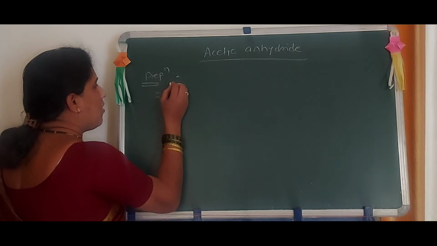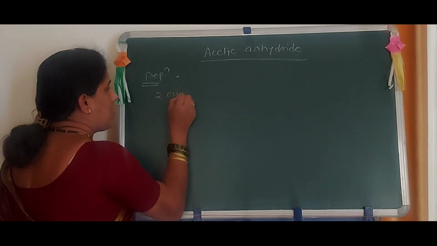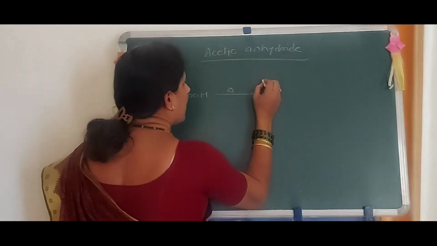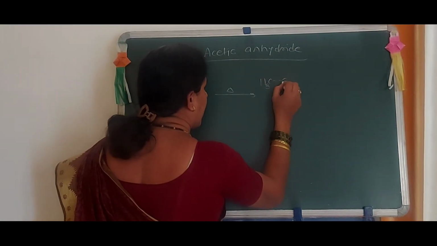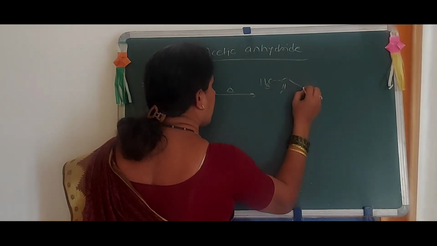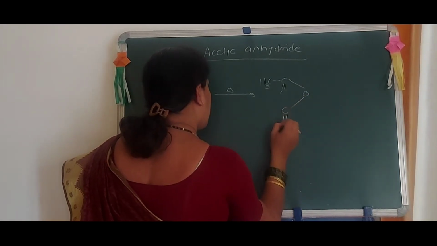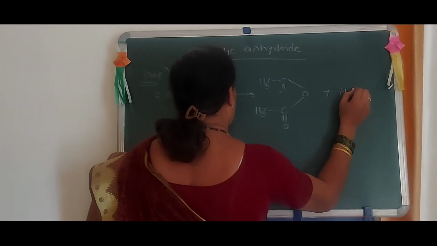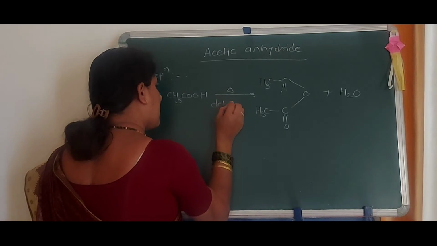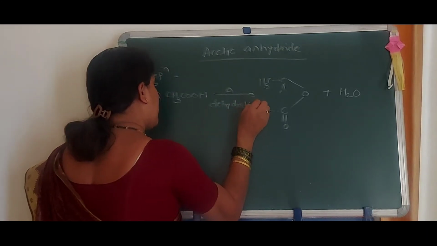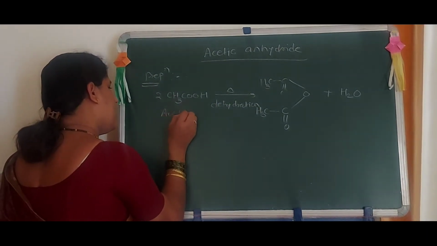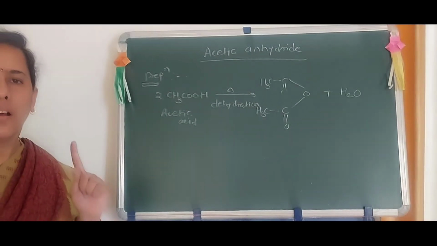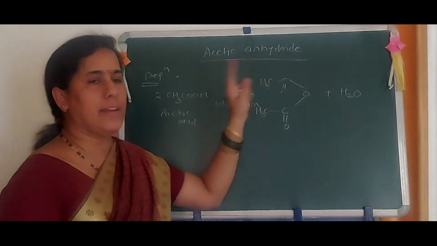That is, two molecules of CH3COOH on heating give acetic anhydride plus removal of a water molecule. That is a dehydration reaction. There is only one kind of preparation for acetic anhydride.